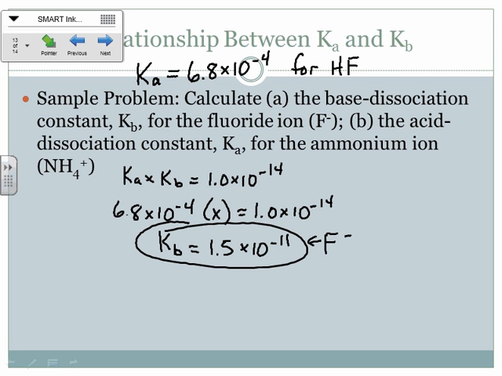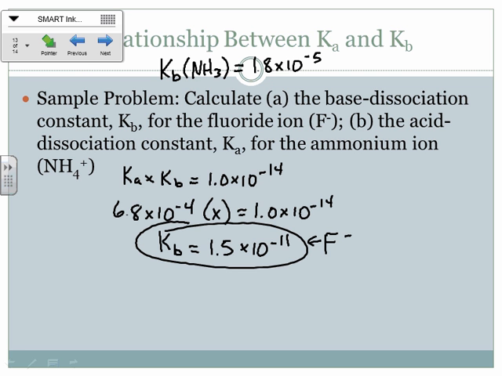So after it gives away that hydrogen, what we'd have to do is look up the Kb for NH3. Kb for NH3 is equal to, I should remember that because we've talked about it twice already in these notes, but I do not remember it off the top of my head. 1.8 times 10 to the negative fifth.